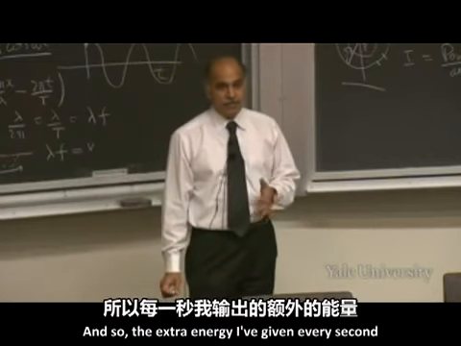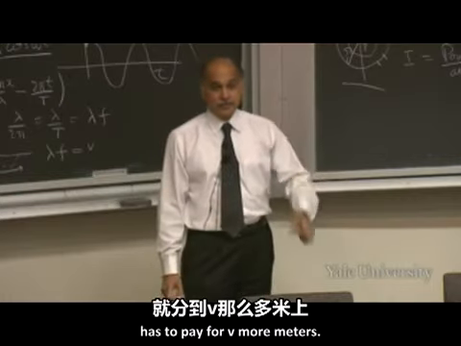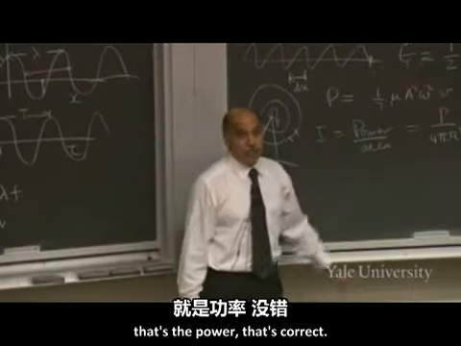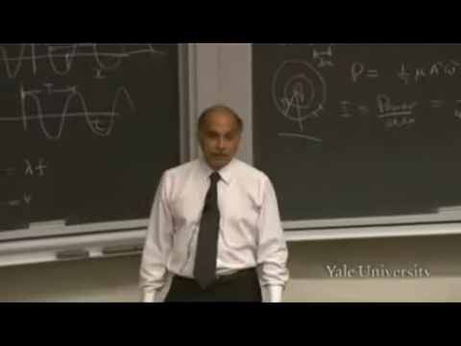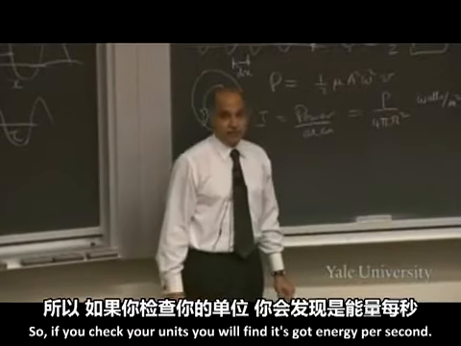And so the extra energy I give in every second has to pay for v more meters. That's energy per second. Yeah, this is the energy per second. That's the power. That's correct. So if you check your units, you will find it's got energy per second.